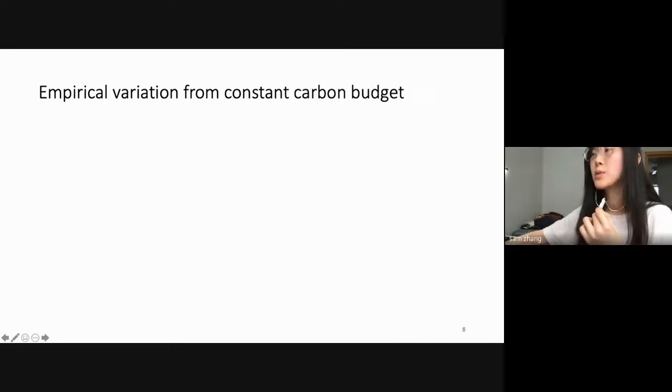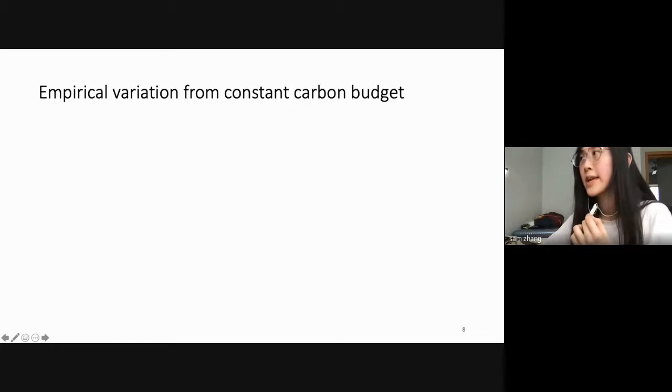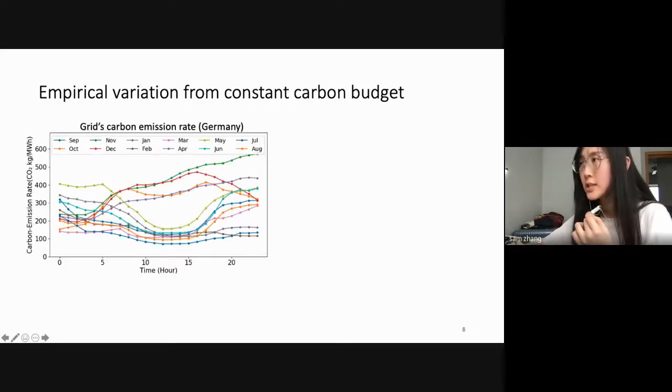Next, we will look at one empirical variation from a constant carbon budget. Similar to the previous dollar budget, we now have a carbon budget. This is the grid's carbon emission rate that we took from the German power market.